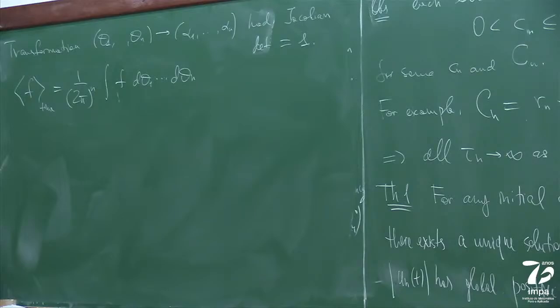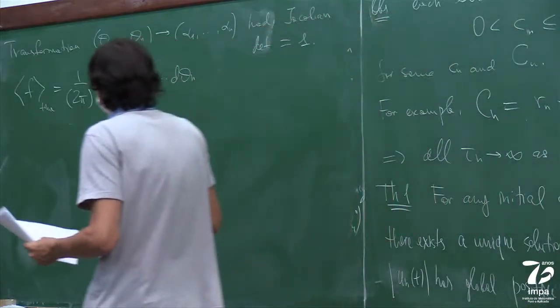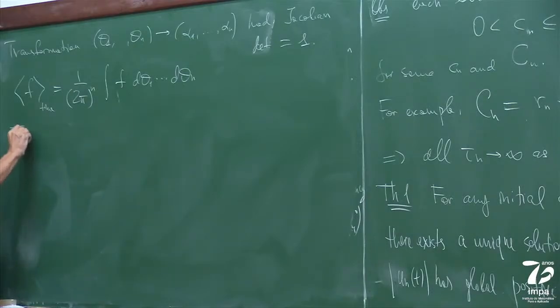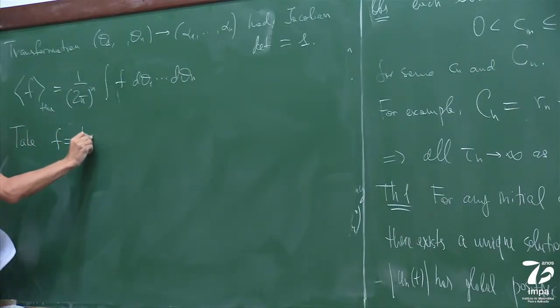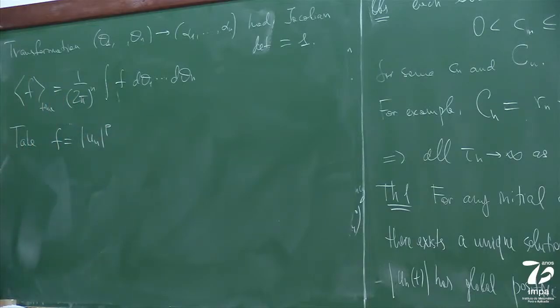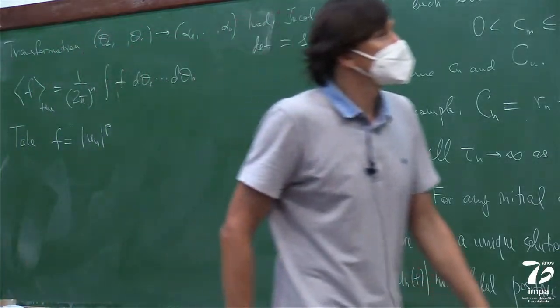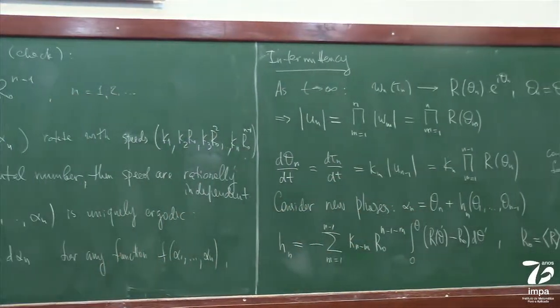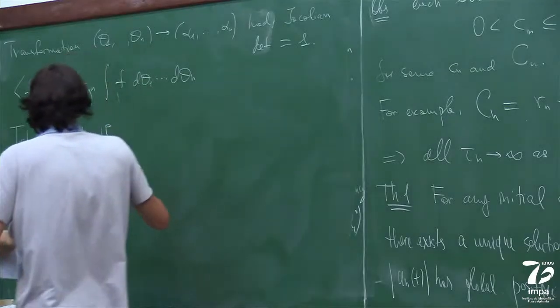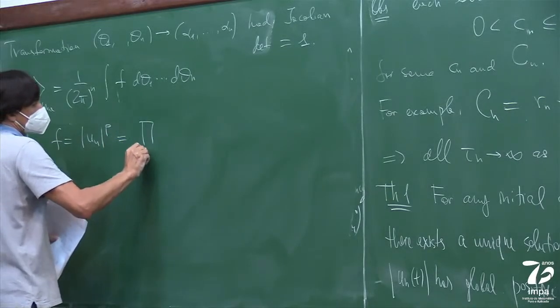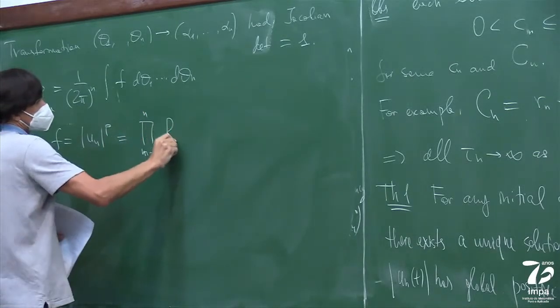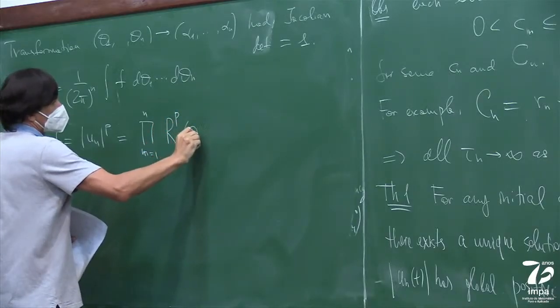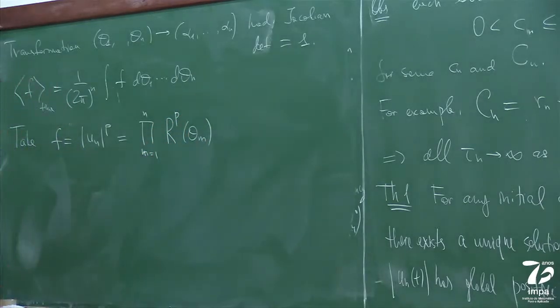So now we take f to be u n p, which, as we remember, is this product, just taking power p from each term.